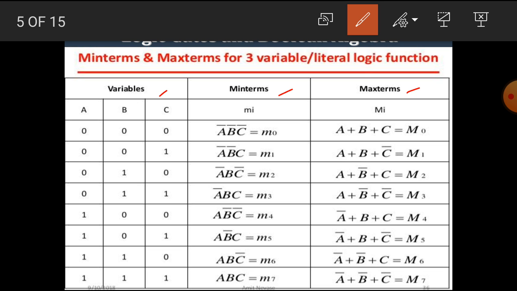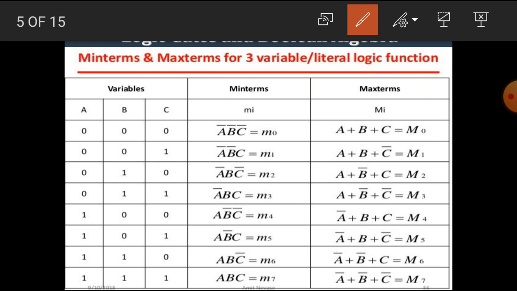If a has the value 0, b has the value 0 and c has the value 0, then we can write the min terms as mi. A has the value 0, hence we write here a bar. B has the value 0, hence we write here b bar. C has the value 0, hence we write here c bar. That means this is the first min term labeled as m0.